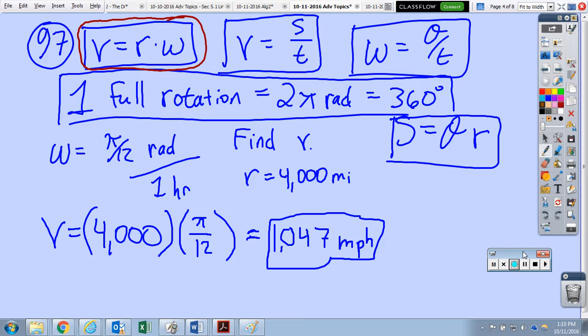So W is angular speed. I don't know how to go through these without just repeating them again, but we have gone over these last class.